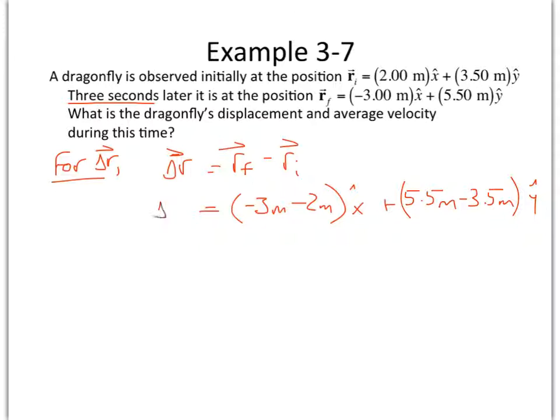So this is going to describe our displacement vector delta r. So what does this boil down to? Well, that becomes negative 5 meters x hat and 2 meters y hat. Okay? So that is the displacement vector of our dragonfly.